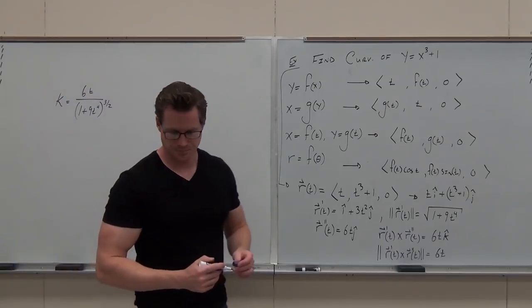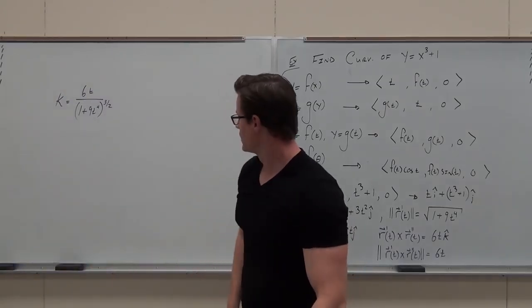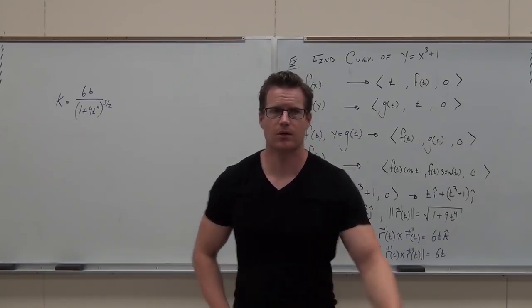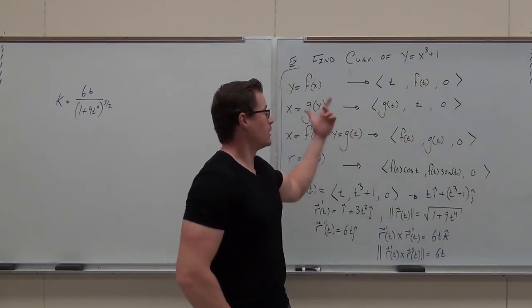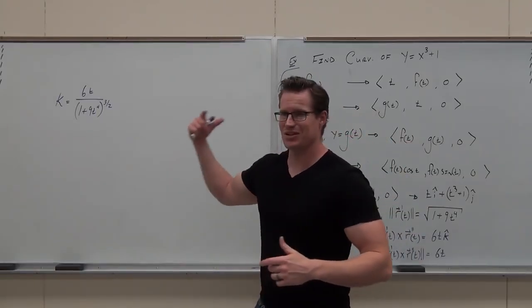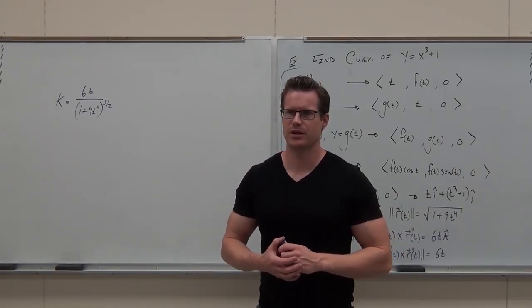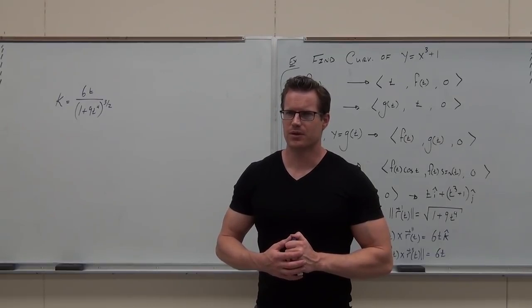And that's it. Now, could you find the curvature at any point along that curve? A lot crazier than it looks like it's going to be, right? It's just a cubic, but that will give you curvature at any point along that cubic. Are you with me on this one?